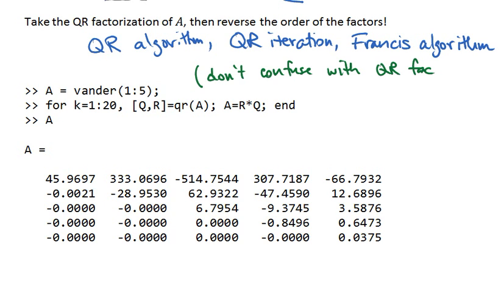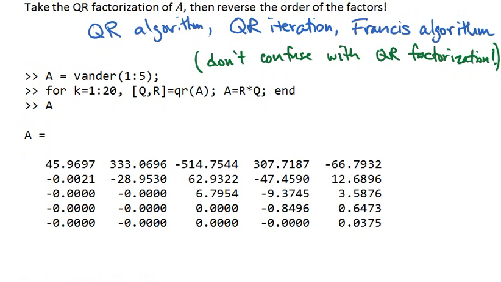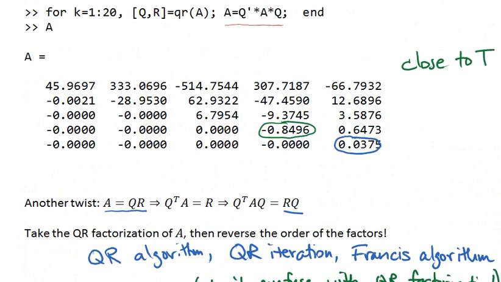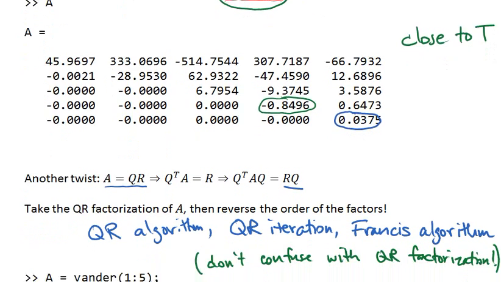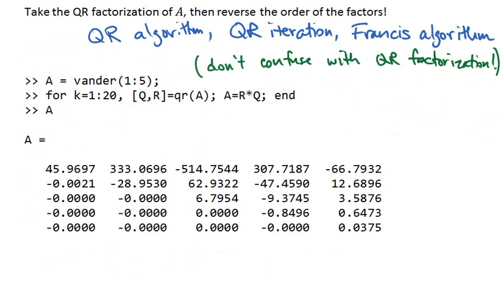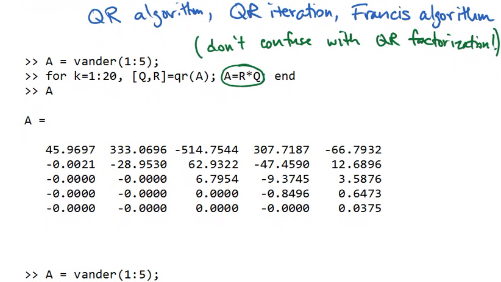QR factorization is an important step in the QR algorithm, but it's not the same thing. Okay, so here we see the QR iteration, the same one that we did before. The only thing that I changed was to go from Q prime A Q to just RQ. But the result is exactly the same because it's exactly the same mathematics.